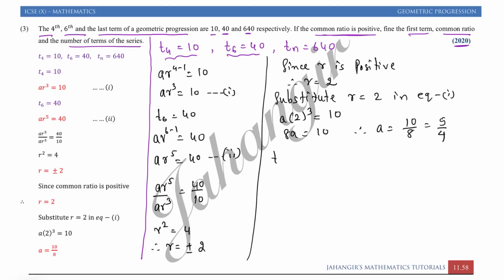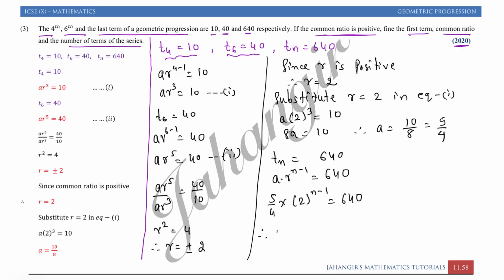Now we want n, the number of terms, when Tn is 640. So Tn we can write a into r raised to n minus 1 equal to 640. A is 5 by 4, into r is 2 raised to n minus 1, is equal to 640.